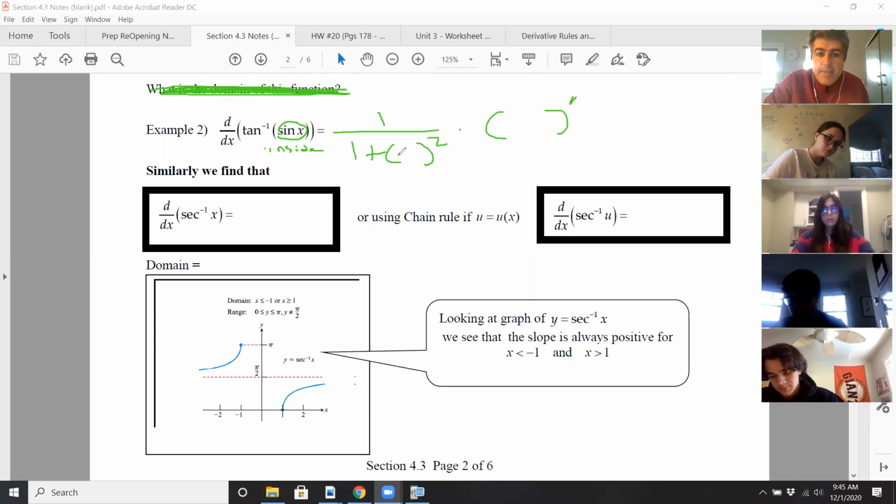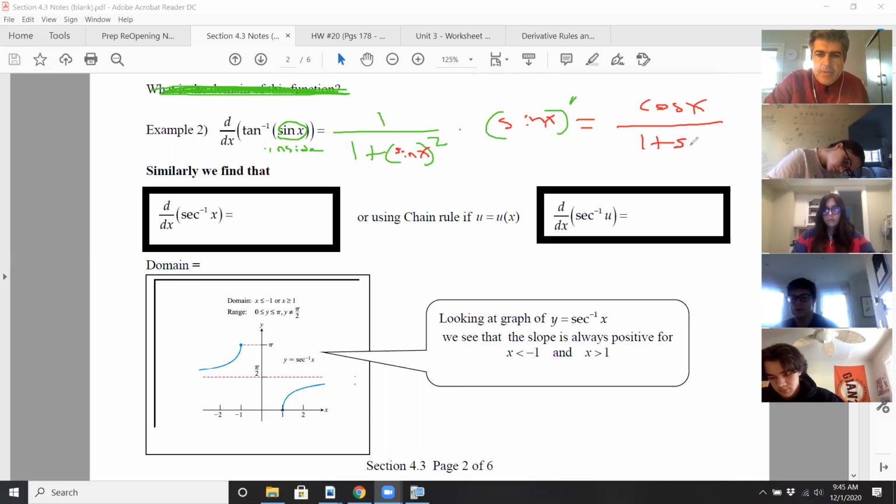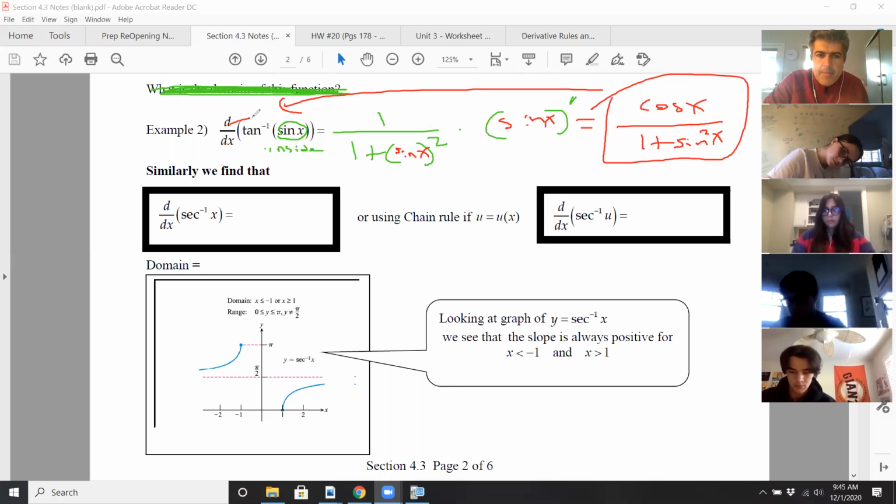Remember, keep that intact. So sine x here, and you take the derivative of sine x. So the final answer is going to be cosine x over 1 plus sine squared x. That would represent the derivative of that example right there.